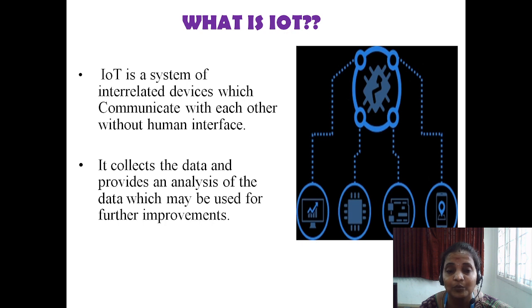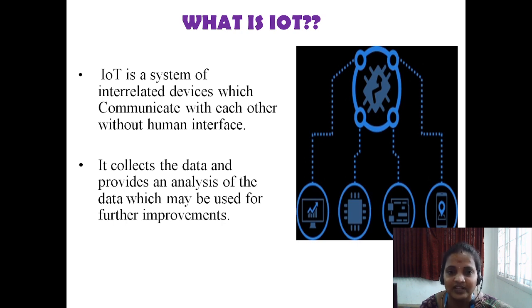That is the important thing here, without any human interface. So make a note of it. IoT interrelates devices, from one device to another device. They collect the data and share those data from one device to another with the help of the internet. We call this IoT.